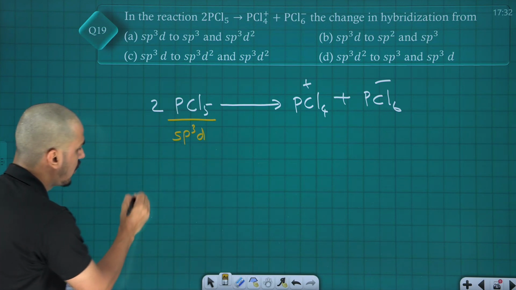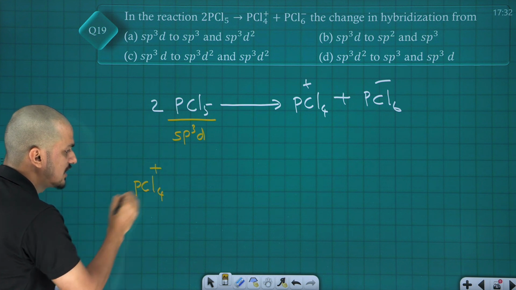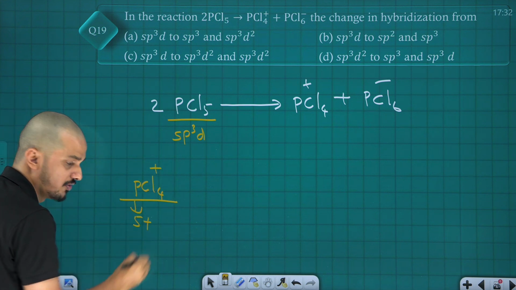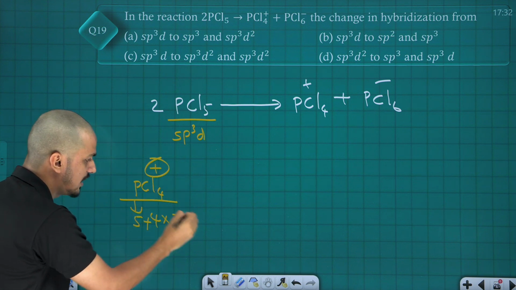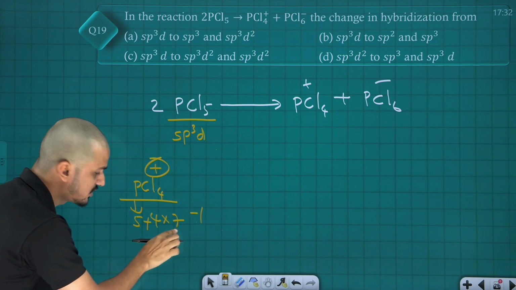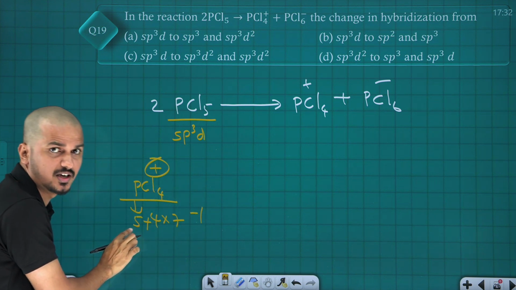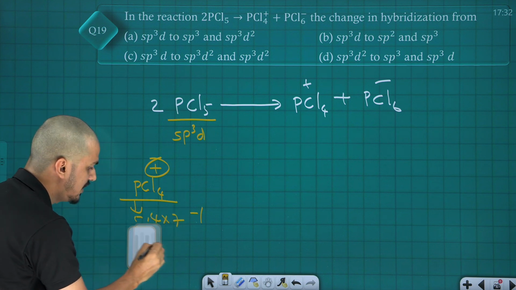What about PCl4 plus? You can check it. Phosphorus valence electron is 5. Chlorine valence electron is 4 into 7, and plus means 1 electron is missing. So 4 into 7 is 28, 28 plus 5 is 33, minus 1 means 32.